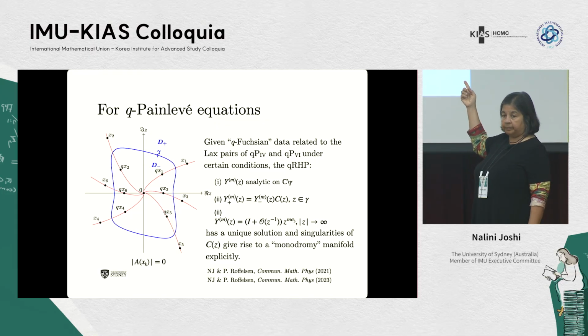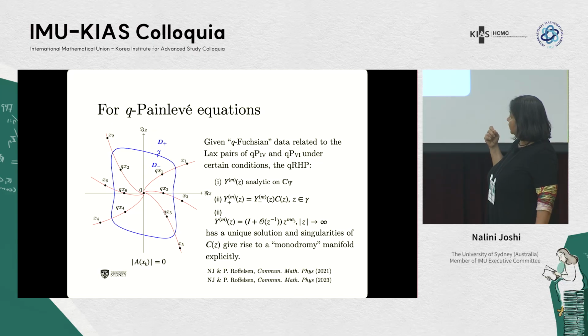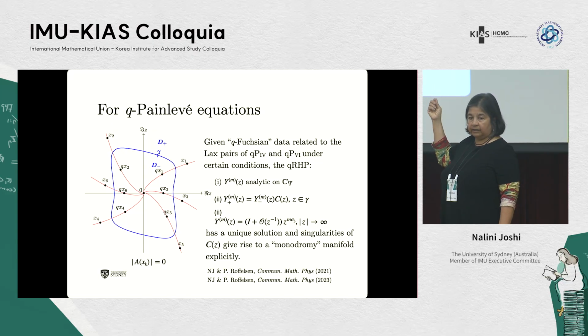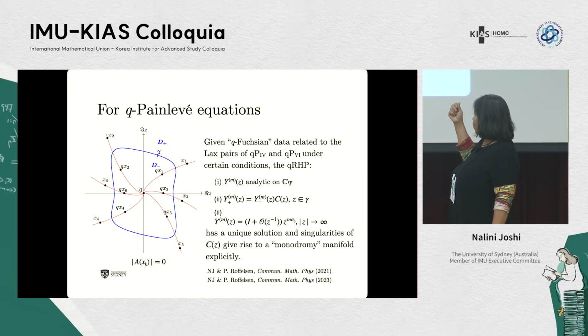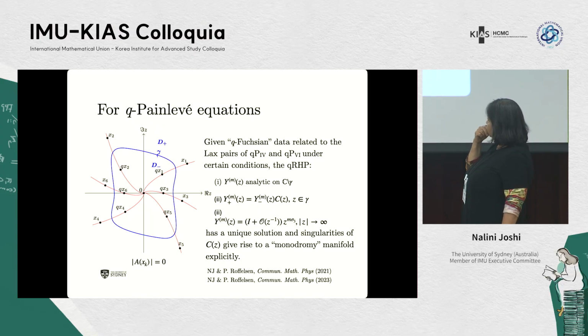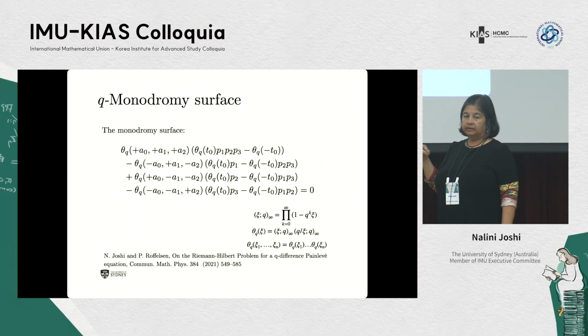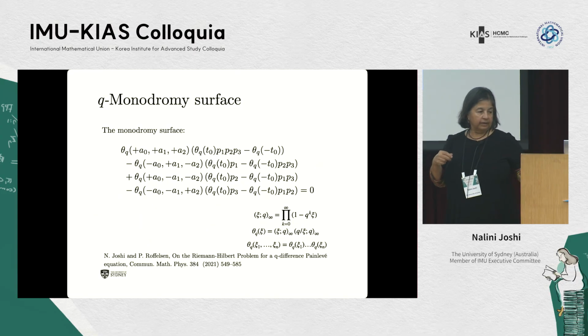The coordinates here are P1, P2, and P3, but there are coefficients given by theta functions. And it's fascinating to ask, how do the special points or special lines on this surface correspond to solutions of the nonlinear difference Painlevé equation?